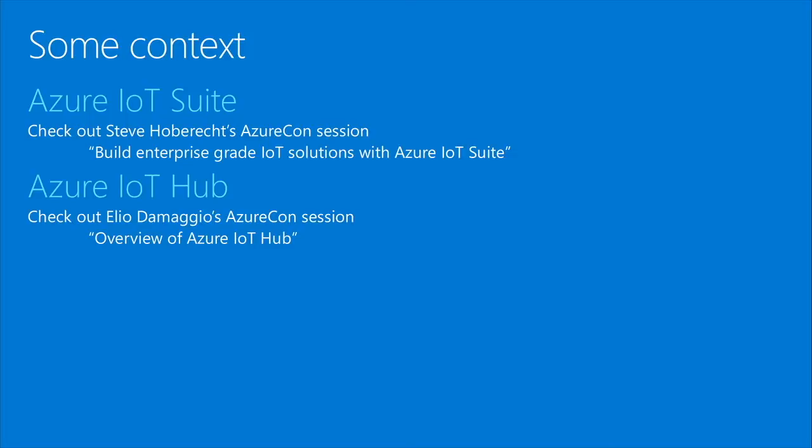The IoT Hub, which is one of these data ingestion and device management services as part of the IoT Suite, is introduced by Elio, and you can learn much more than in my actual session. In this session today, I'm going to focus on the connection of devices.